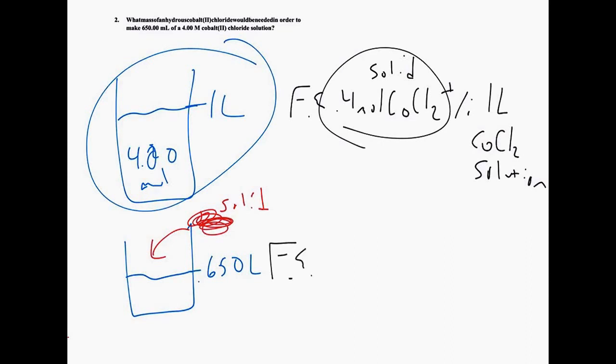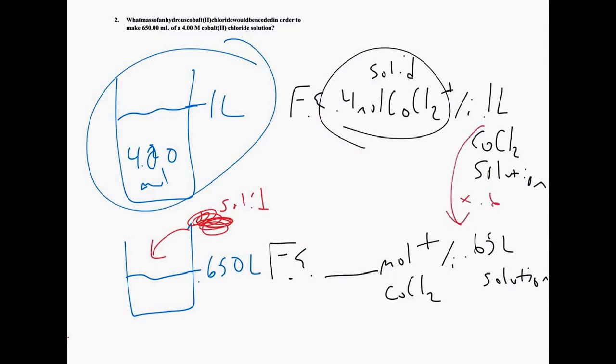We want to make 650 milliliters, so 0.65 liters of solution. So we want to make a proportion of this. I'll just do it times 0.65. And so 6/10 of 4 would be 2.4, plus half of 4 would be 2, so this would be 0.02. So this is 0.26 moles of COCl2. And we're not done yet.